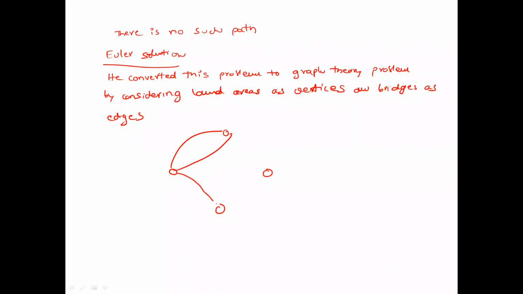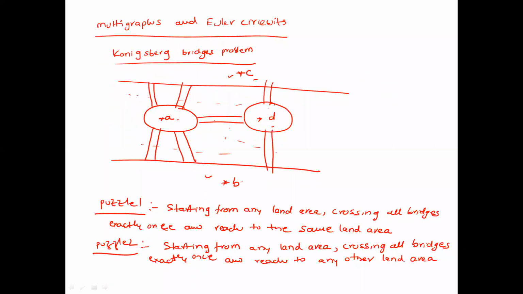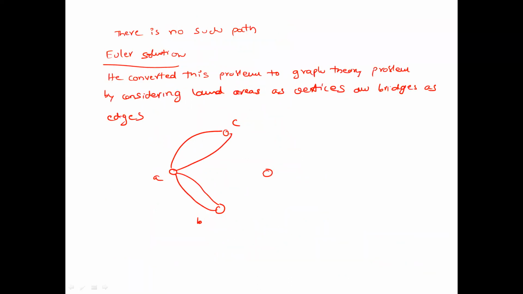Similarly, A to B also has two bridges, A, B, C. And then we have a bridge between A and D, so one edge between A and D. Then a bridge between C and D, so C and D, one. And similarly, another bridge between B and D.